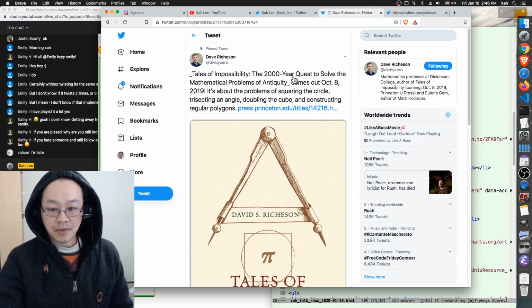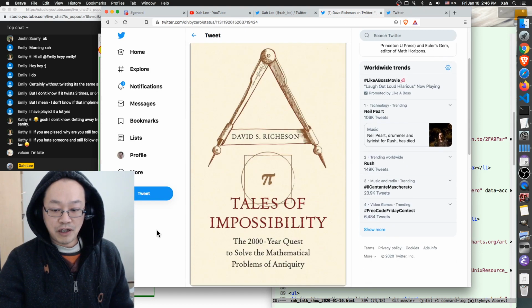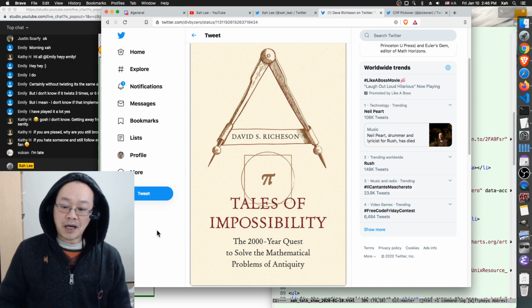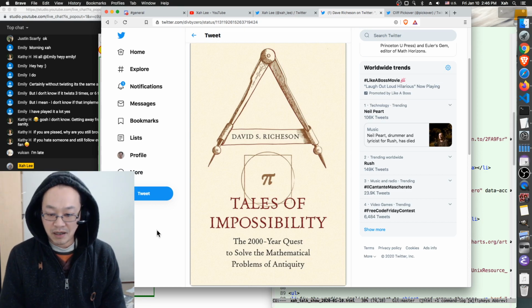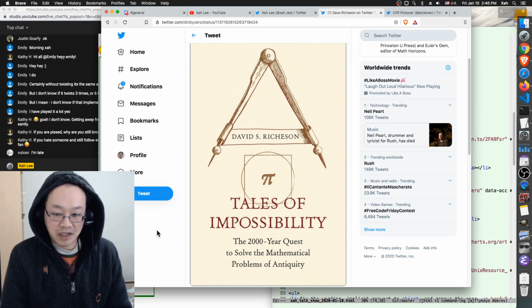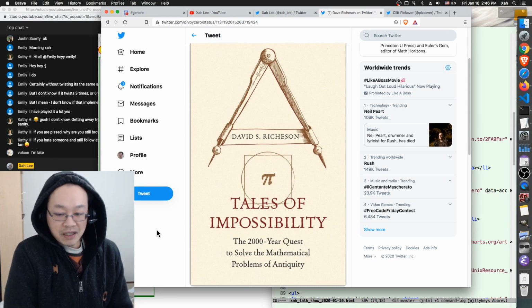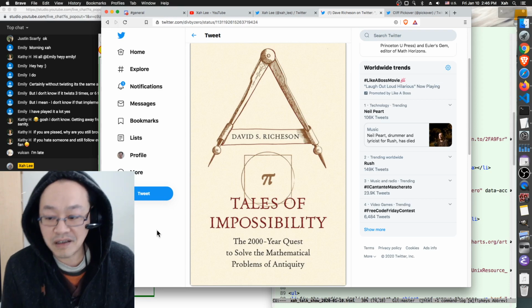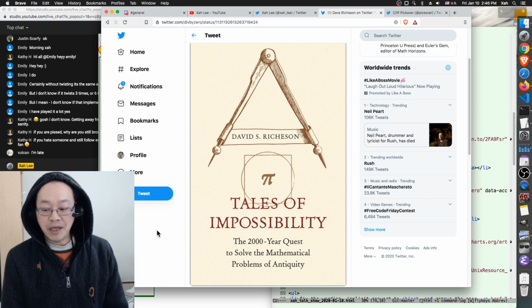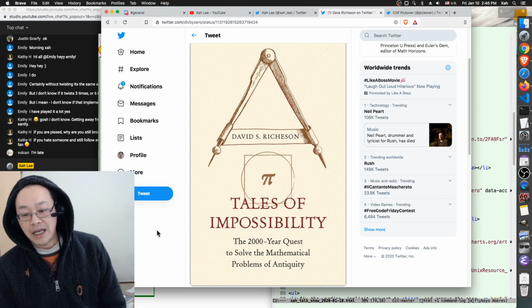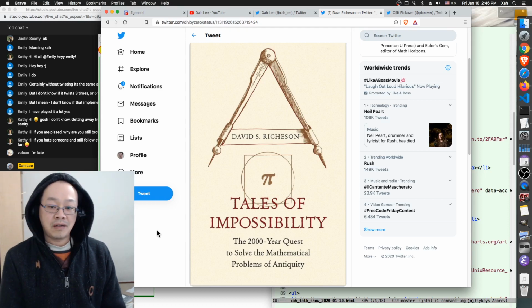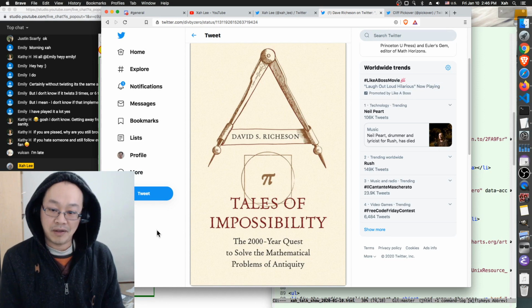Okay, so he published this book, Tales of Impossibility: The 2,000-Year Quest to Solve the Mathematical Problems of Antiquity. So back in Greek times, 2,000 years ago, there are three problems in math everyone was trying to solve, and these problems turn out to be impossible.